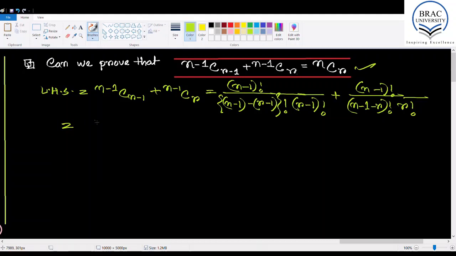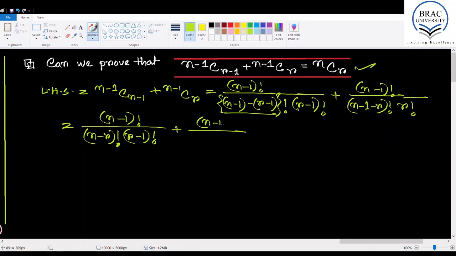So we can simplify it like this: (n minus 1) factorial, and this will be (n minus r) factorial. This is n minus r, right? And the remaining one is (r minus 1) factorial. And here (n minus 1) factorial, we get (n minus r minus 1) factorial, r factorial. Okay, here we should remember something.